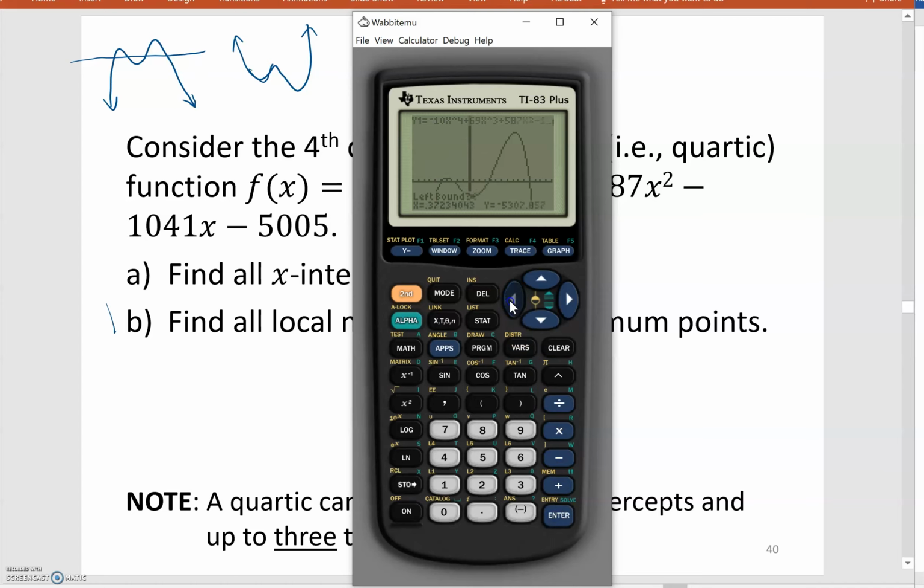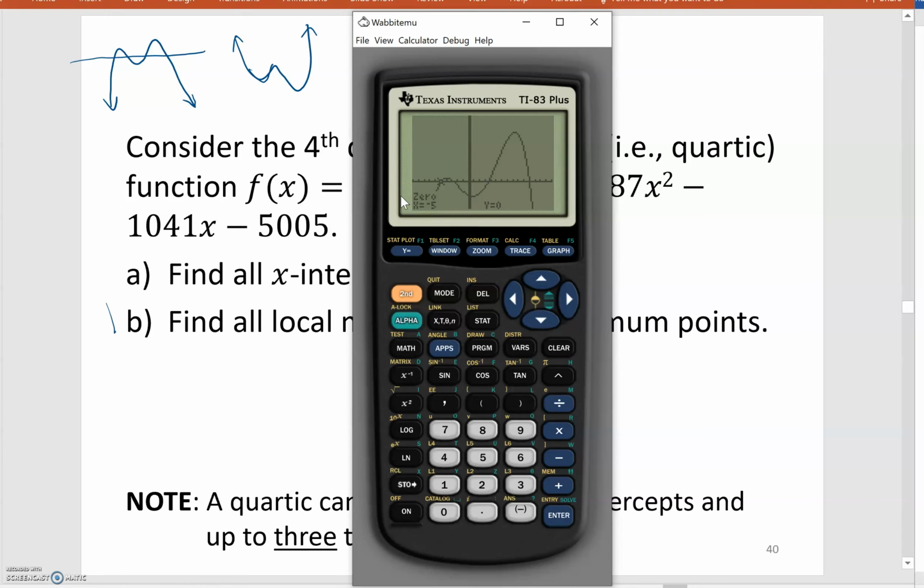Okay, so let's find the leftmost 0 for this particular function. So now I'm on the left of it. That'll work as my left bound. Then we can go to the right of it. That'll work as my right bound. And then my guess is right there. And we get a nice integer value, -5.